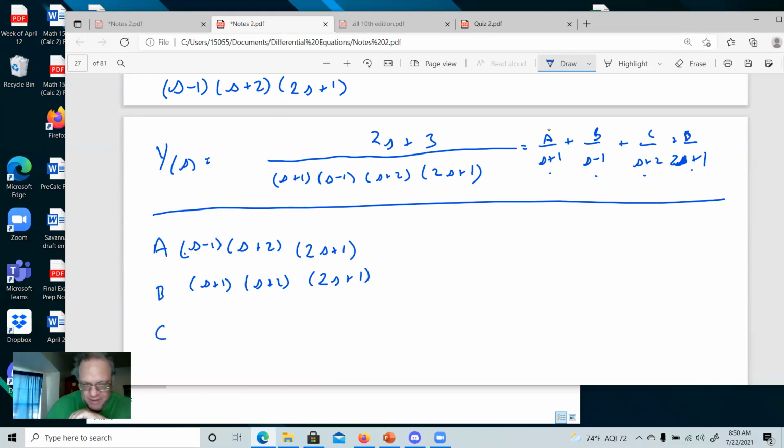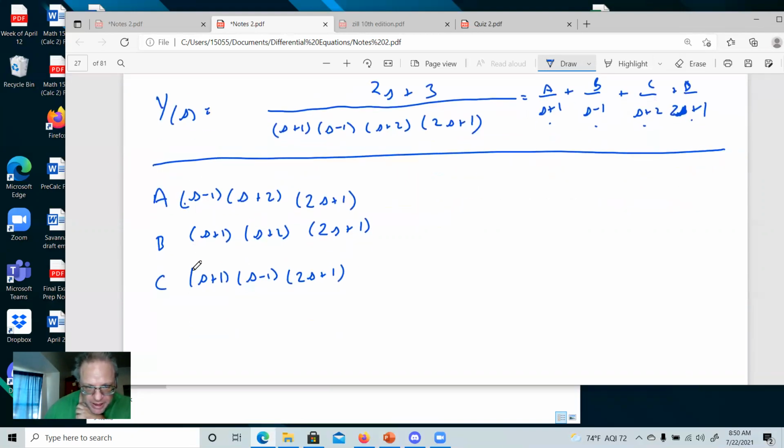Okay, we have a C, and the only one that's not going to be there is 2s plus 1, so we have s plus 1, we have an s minus 1, and then we have a 2s plus 1. Okay, last one, D, and that's going to be s plus 1, s minus 1, s plus 2.